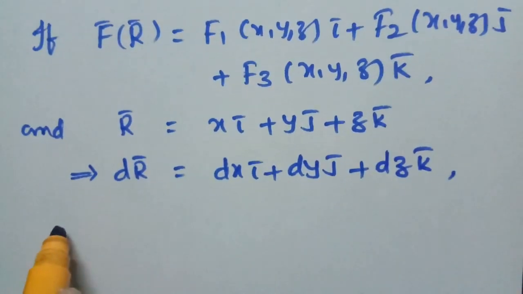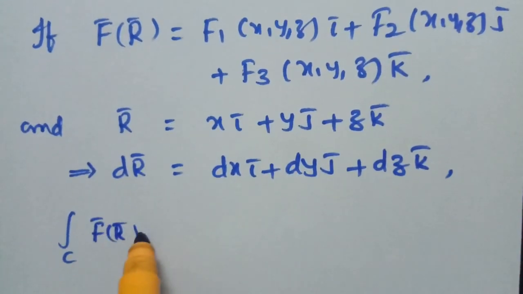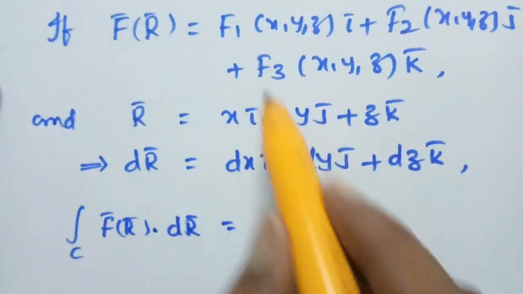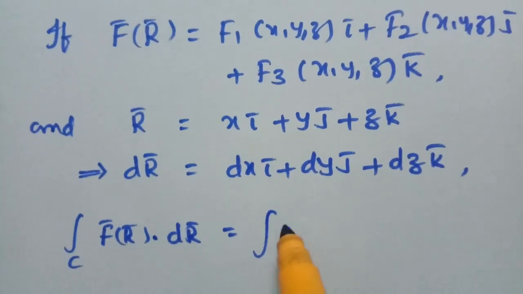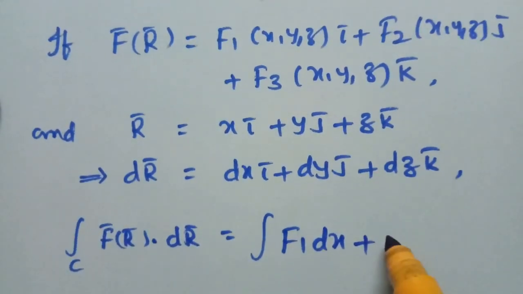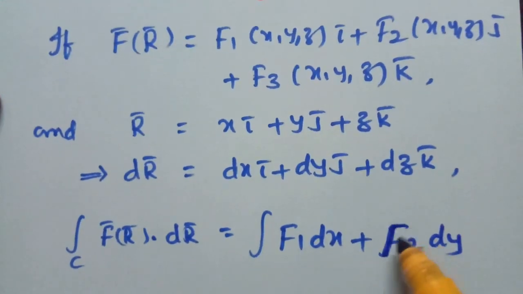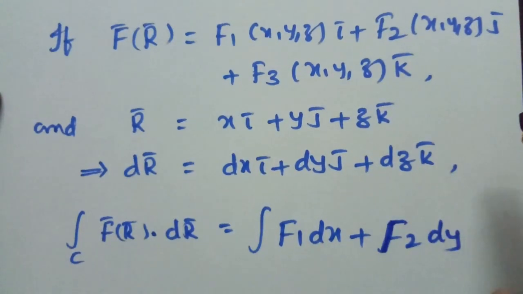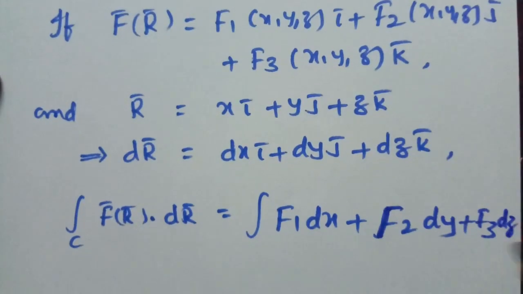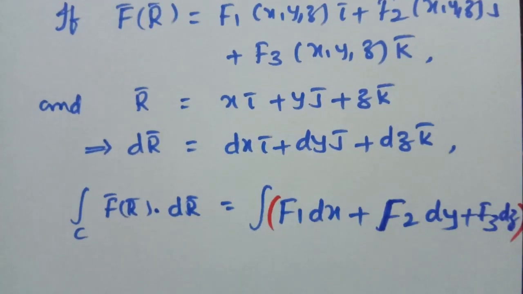Then integral over C f bar dot dr bar: i bar dot i bar is equal to 1, so this is integral f1 dx. j bar dot j bar is 1, other dot products become 0, so f2 dy, plus k bar dot k bar is 1, therefore f3 into dz. Therefore this is line integration.